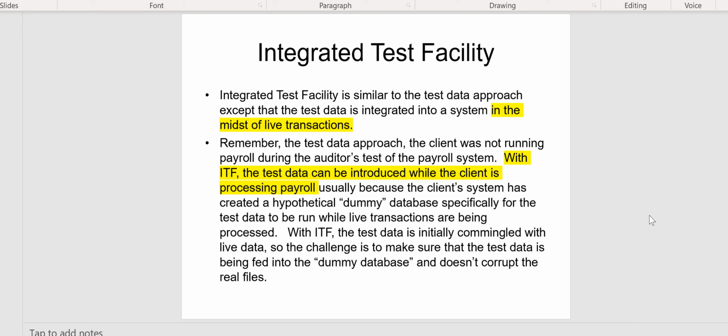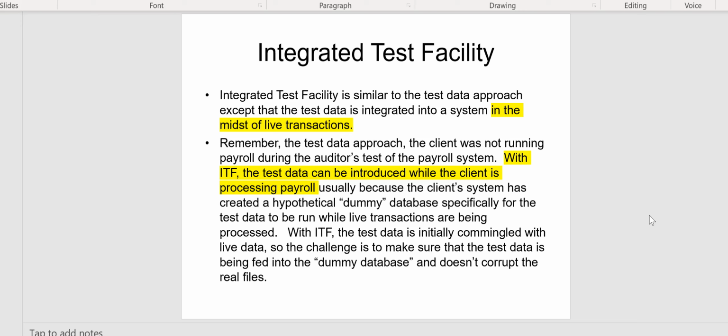An example of integrated test facility is where fictitious employee names could be included in every payroll run and given excessive overtime too. If this test data is handled correctly, the assumption is made that the program is functioning as intended. So we can use the term test data when we talk about integrated test facility because it does involve test data, but it happens to be done while the client is running live, so we're going to call it integrated test facility.